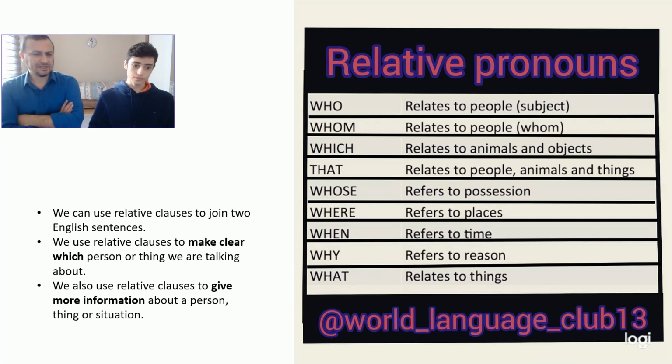So in which cases we need to use relative pronouns? We can use relative clauses to join two English sentences. Attention, to join. I mean, there are two sentences. You join them and you make one sentence. And we use relative clauses to make clear which person or thing we are talking about.